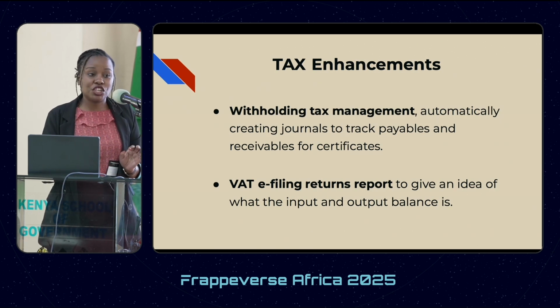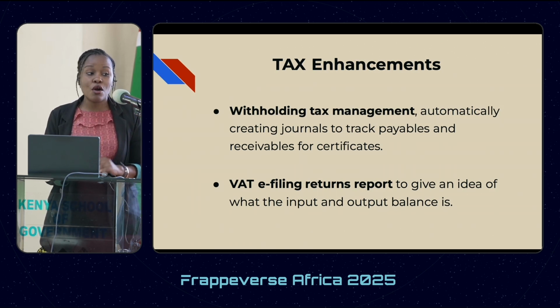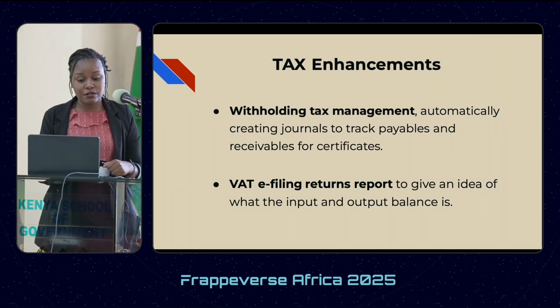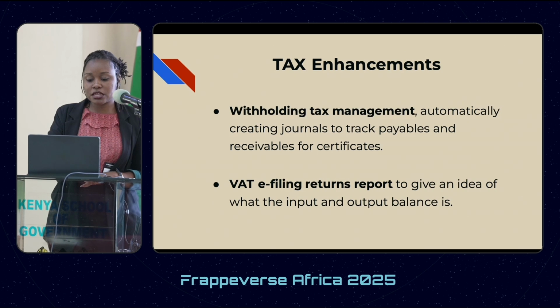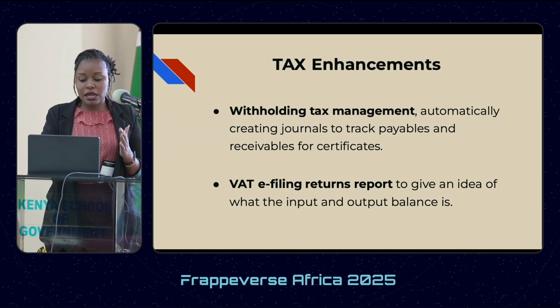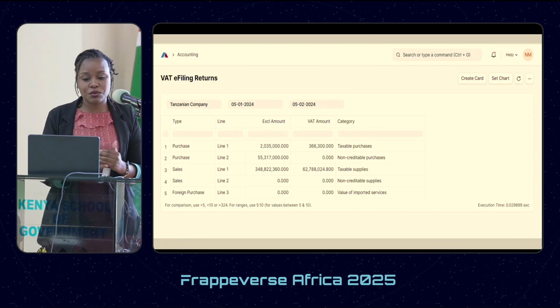It's also a functionality that does not have to be turned on if you want to go the manual route of creating journals yourself. We also have a VAT e-filing report. It gives you an idea of your inputs and your outputs for your taxes, so you can have that tracked. It's a report that was created for that purpose.